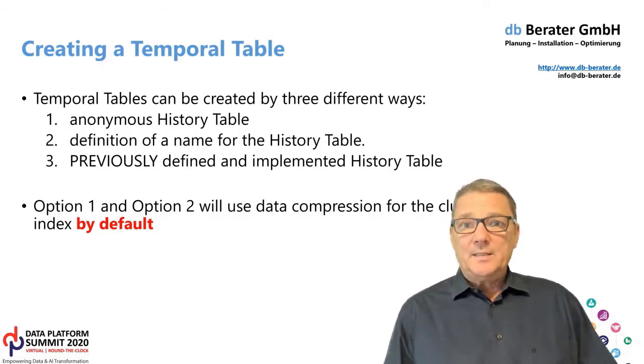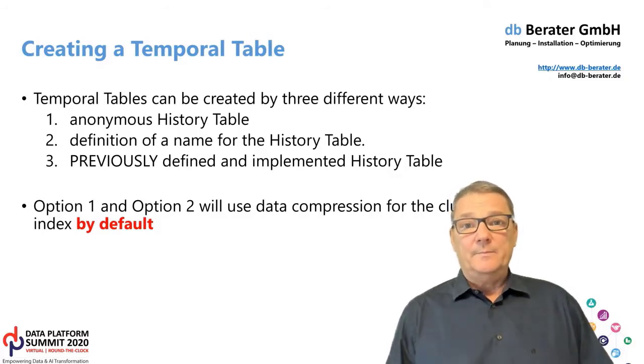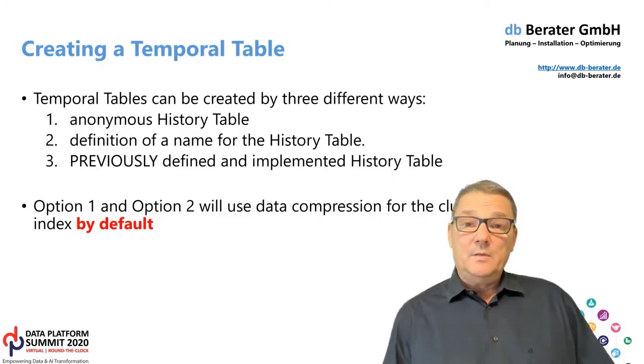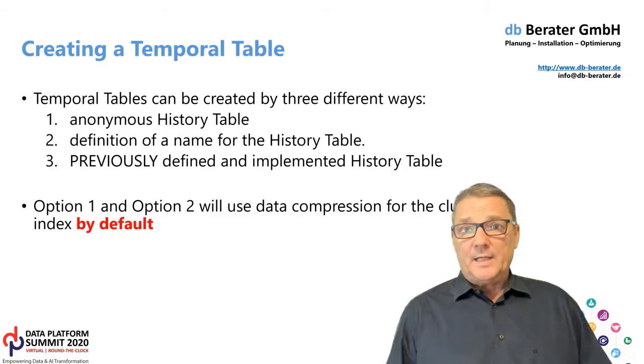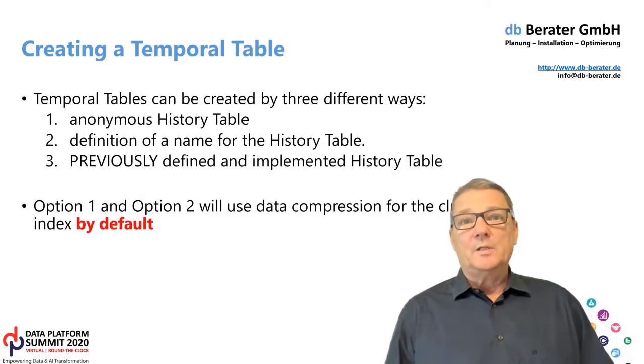If this object does not exist, SQL Server will automatically create it for you. The third option is that you create your history table yourself before you make it a temporal table. Then, as in the second option, when you give the name of the object, SQL Server will automatically check whether all the requirements are fulfilled, and then it makes it the history table of your temporal table.